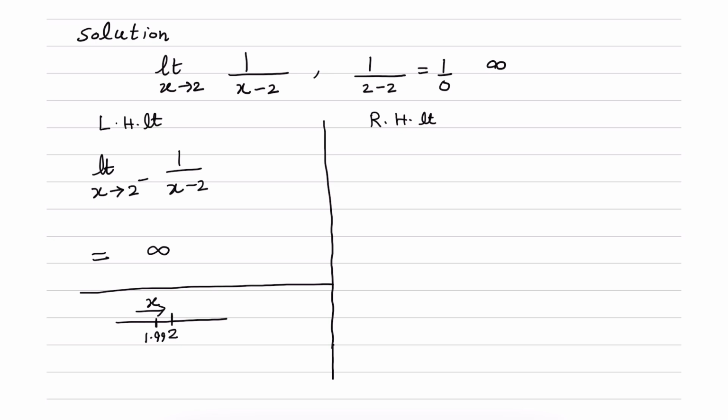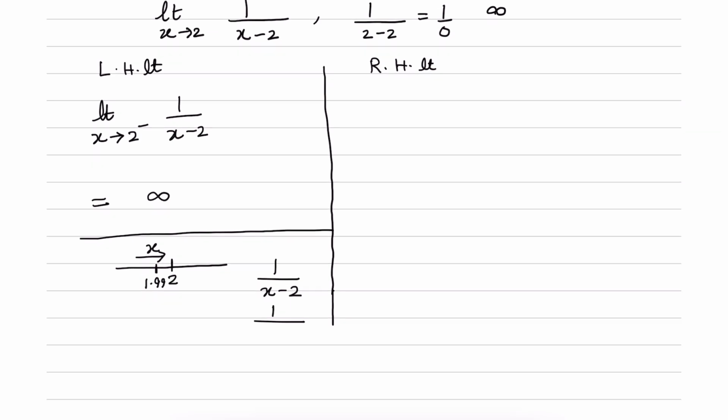It is closer to 2 but on the left of 2. So the function here is 1 over x minus 2, and here we will put the value of x, which we have picked, 1.99 minus 2.